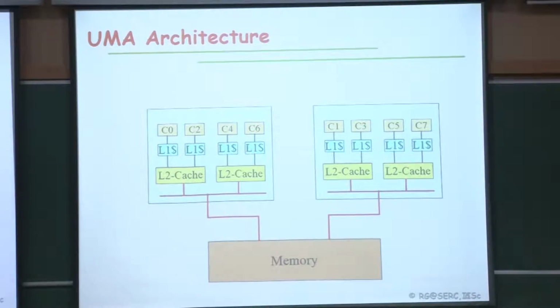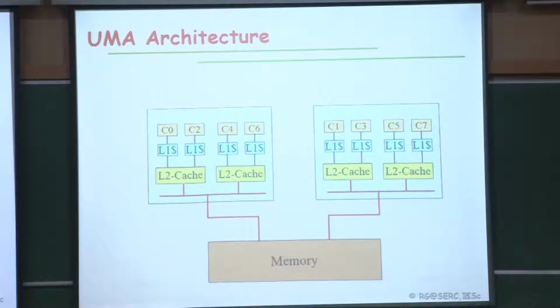In this case I have a shared L2 cache shared between these two cores, another shared L2 cache shared between those two cores, and so on. And if the data is not available in any of these caches, it is going to access the memory through some kind of a shared bus.